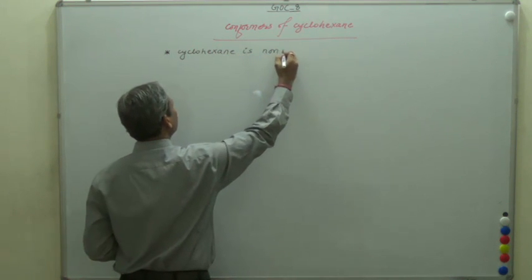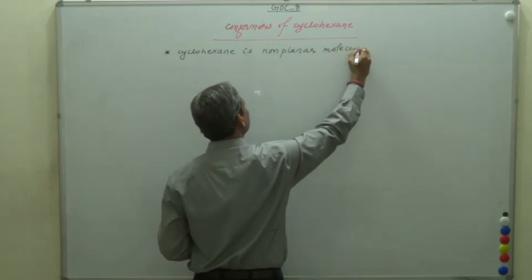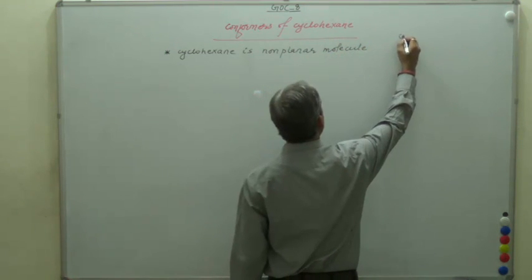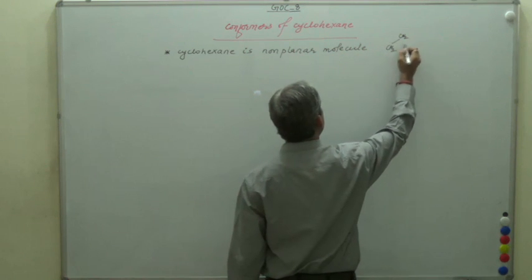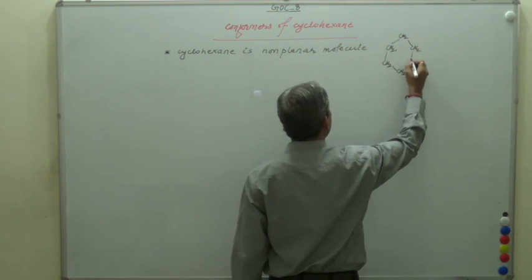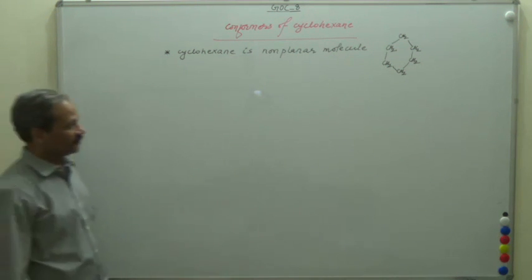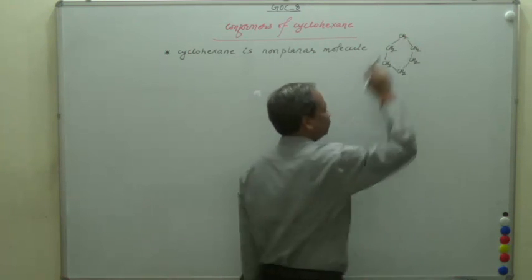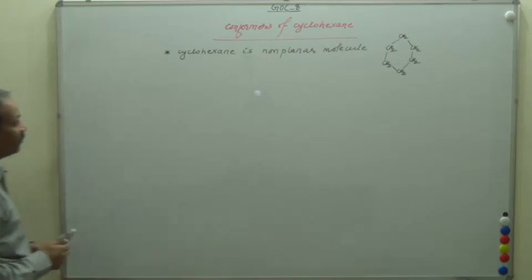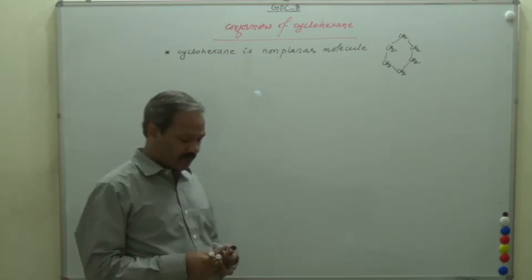Cyclohexane is a non-planar molecule because all carbon atoms of cyclohexane are sp3 hybridized, and all these sp3 hybridized carbon atoms cannot exist in the same plane. In this, the angle cannot be 120 degrees. So because of the non-planar puckered structure, various conformations of cyclohexane are possible.